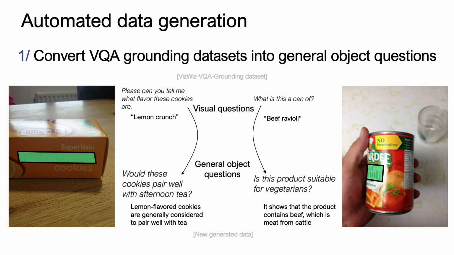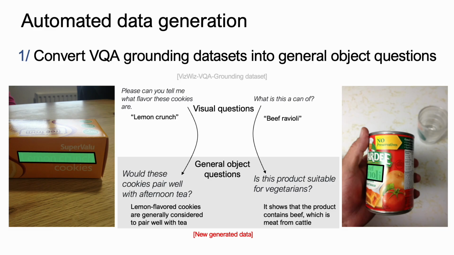Since there are no datasets for this task, we built two automated pipelines to automatically generate data. The first approach consists in converting an existing visual question answer grounding dataset, here the VGOQ grounding dataset. We use Claude to rewrite the visual questions into object questions.